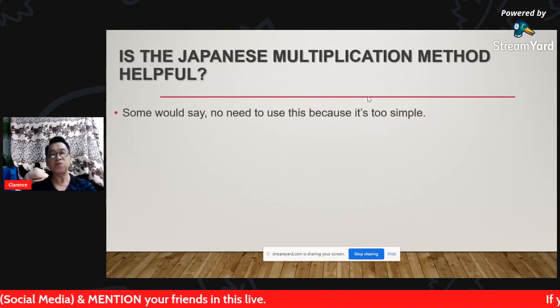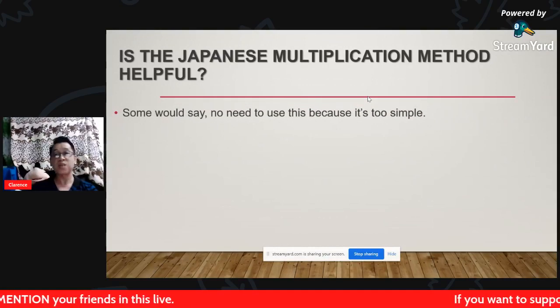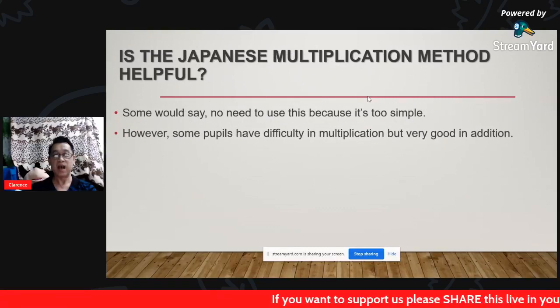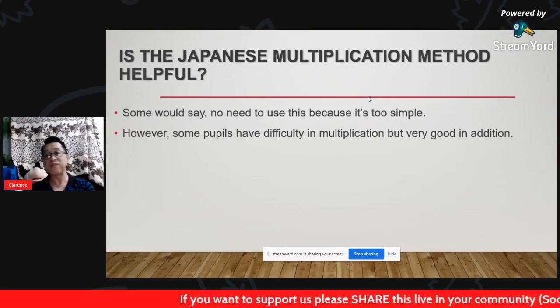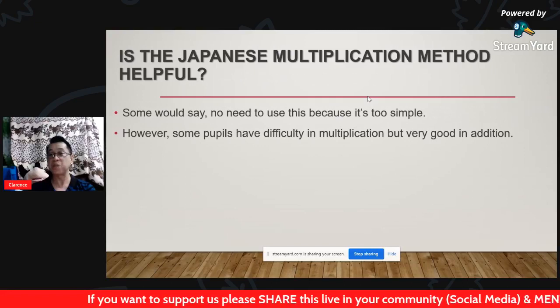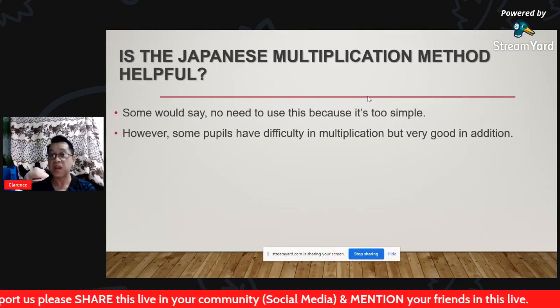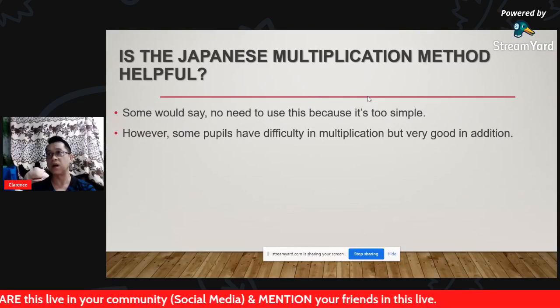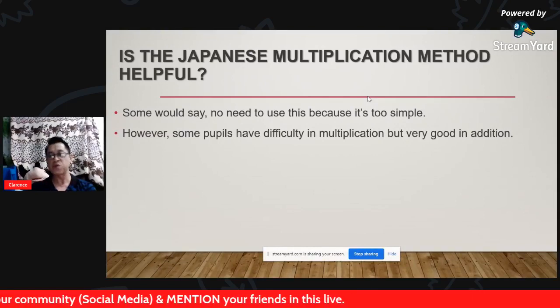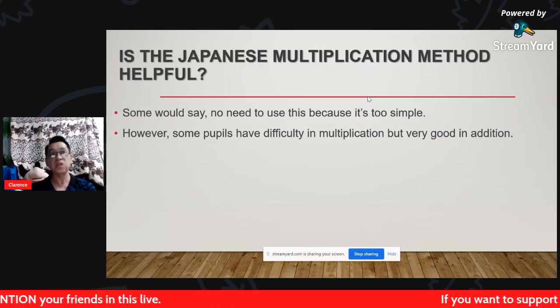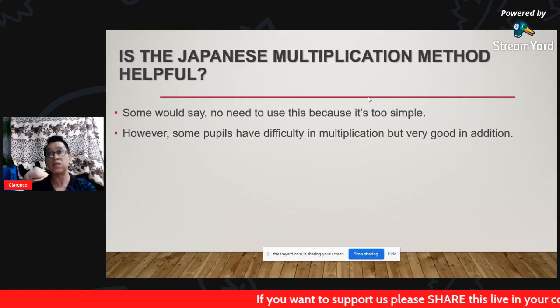Next, some would say no need to use this because it's too simple. However, some pupils have difficulty in multiplication but are very good in addition. As for my experience as a high school teacher, most of the students really have a hard time, especially in multiplying numbers with 2 to 3 digits or more.